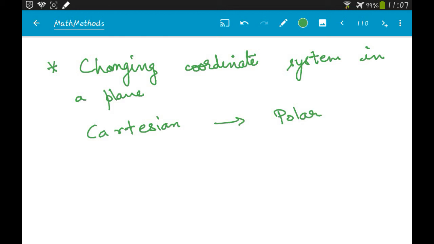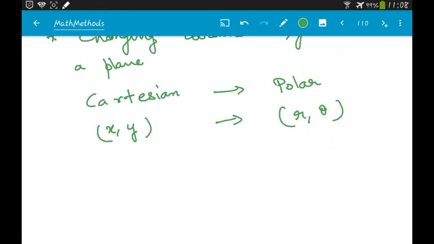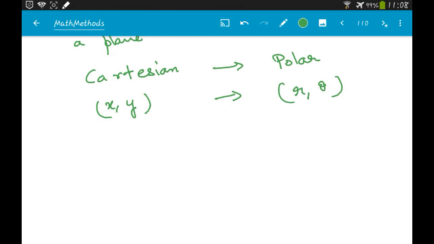So basically what we are doing here is going from x, y to r, theta. We have already looked at this, right? We know how to convert something in the xy coordinate system to something in the r theta coordinate system. You can go over the previous lectures for it, but just to recap, we had written x is equal to r cos theta and y is equal to r sin theta.